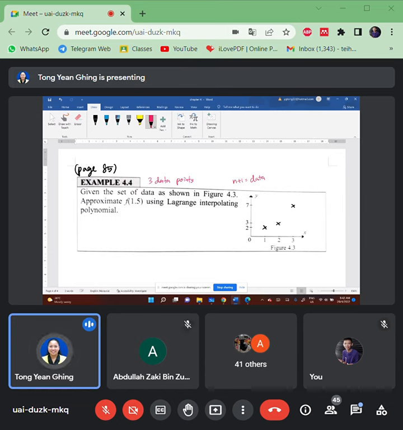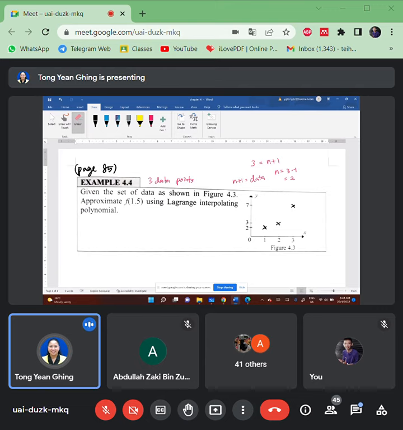Now this is 3 data points, so 3 equals n plus 1, so n is 3 minus 1, which is 2. Okay? Let's say we have 4 data points, that means n is 3. Now we have 3 data points, that means n is 2. Okay?